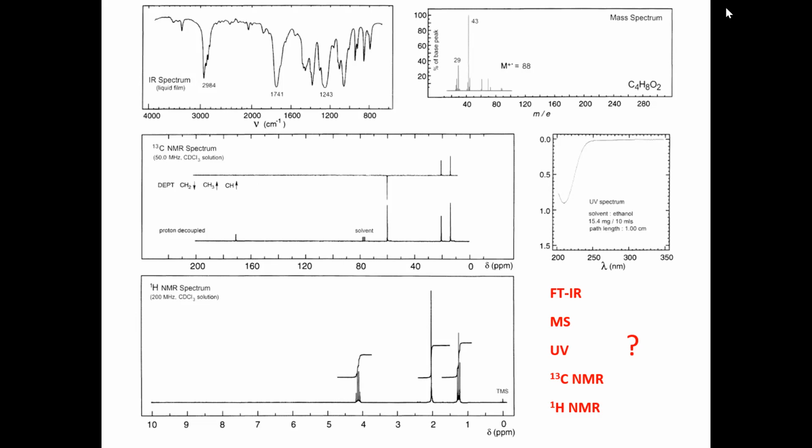Look at the integration now. You have 8 protons to take into account. So when you go for your report, on the proton NMR, you say, I see 3 different chemical environments. I have to fit 8 protons in total.